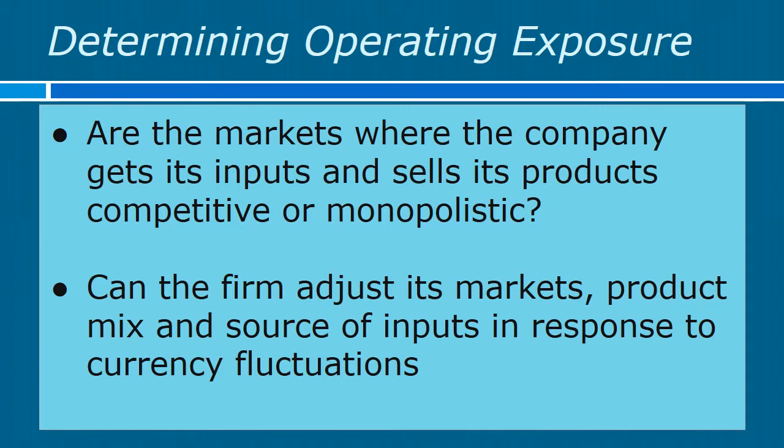If both costs and prices are sensitive or not sensitive to currency fluctuations, these effects offset each other and reduce operating exposure. Secondly, can the firm adjust its markets, product mix, and source of inputs in response to currency fluctuations? Flexibility in this case would indicate lesser operating exposure, while inflexibility would suggest greater operating exposure.